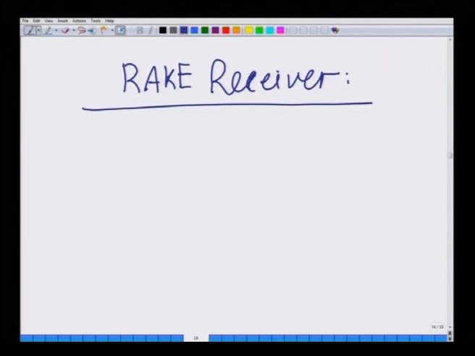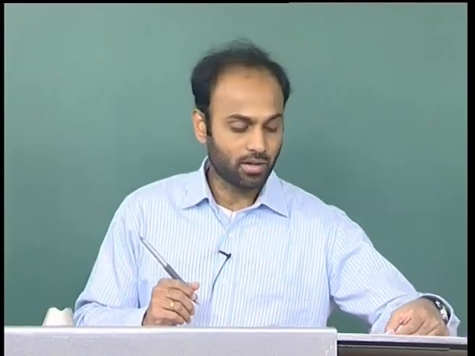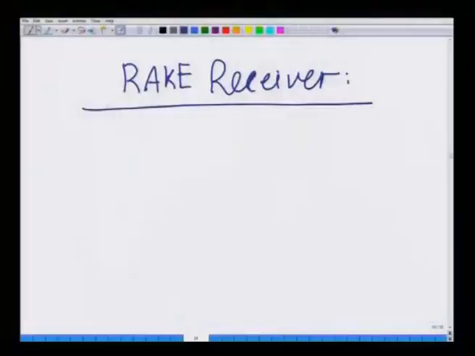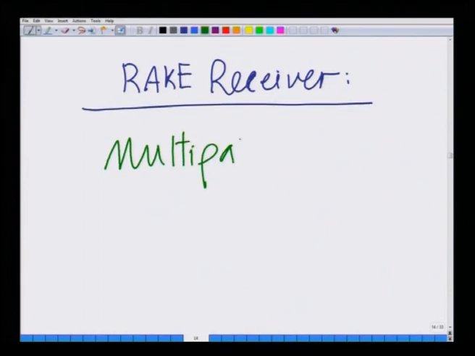Remember, we modeled a multipath channel as multiple signal components arriving at the receiver. Let me start with the model of a multipath channel.